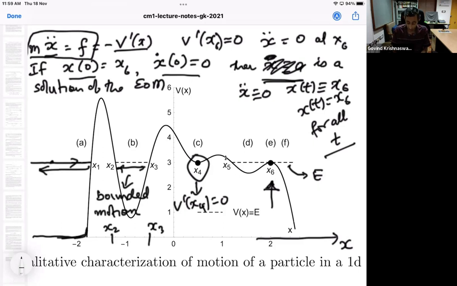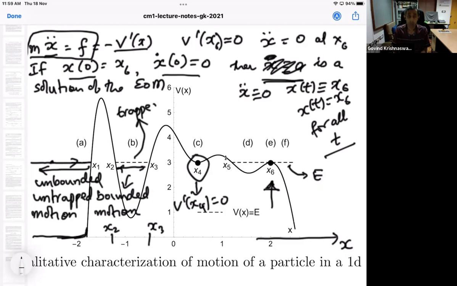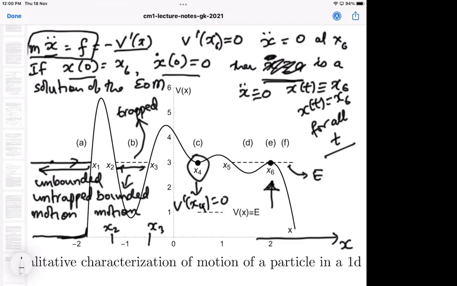So this is unbounded or untrapped motion, whereas in this case it was a trapped trajectory. Is that terminology clear or understandable? Yes, sir. Okay, very good.